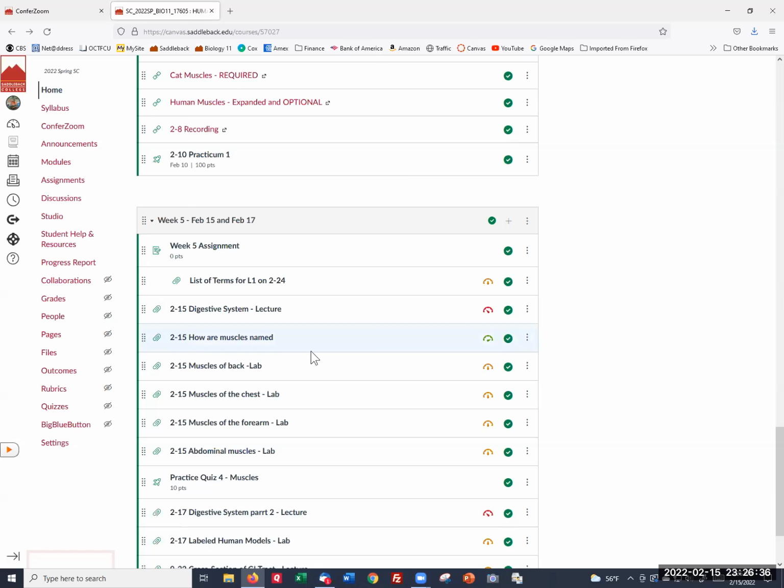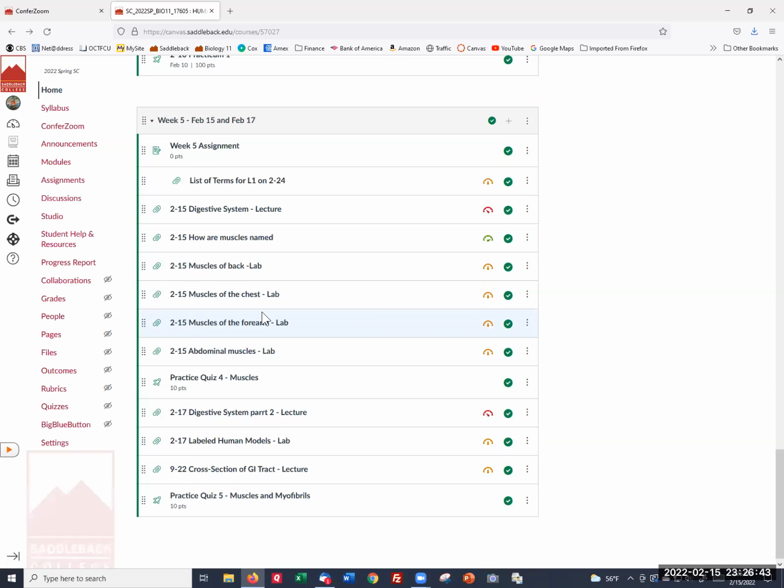Okay, we just had this first lecture on the digestive system. Here's the second part of it. In other words, it's the same text. If you wanted to continue it, because you think it's more logical to do, just go right to here, to 217.